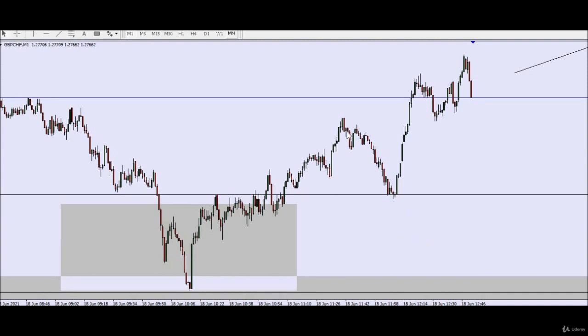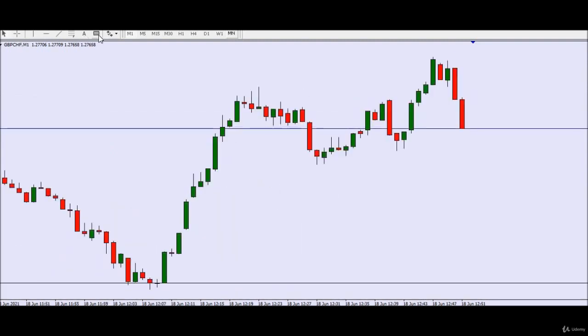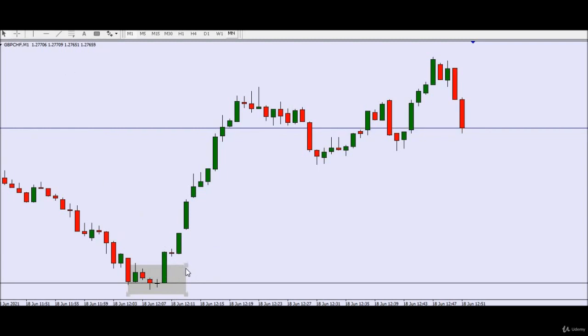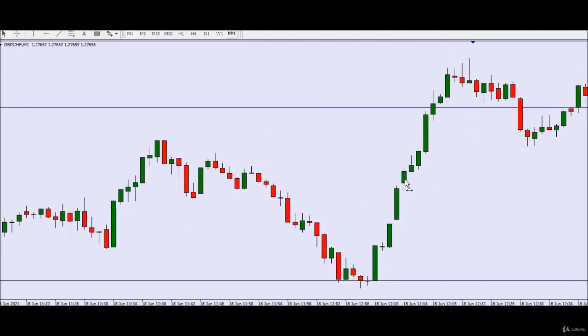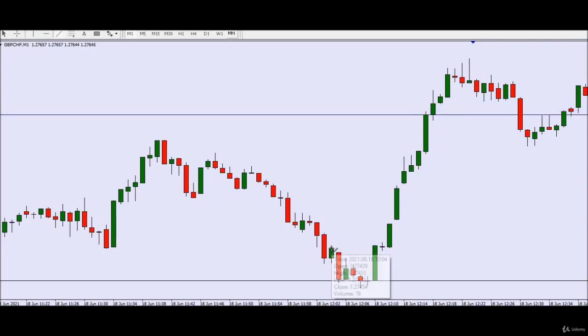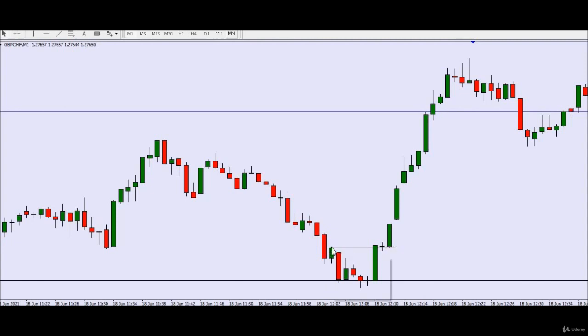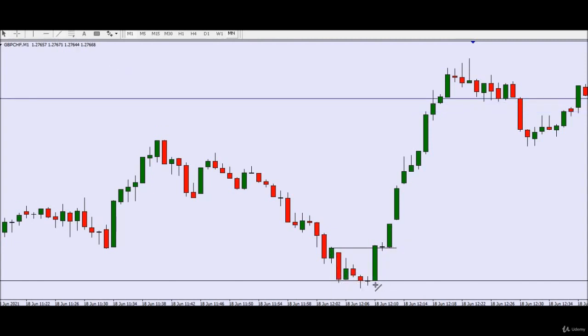So as you can see, here was small pin bar and doji, and then I will show you something. So we are here, and this candlestick was closed here, and this candlestick was closed on this line, so it's the same line.